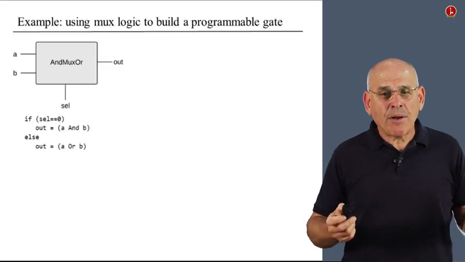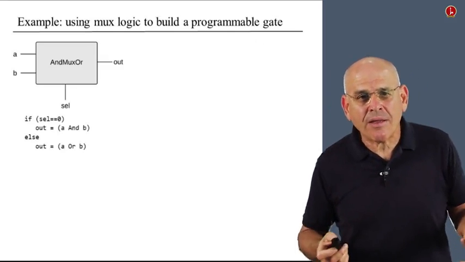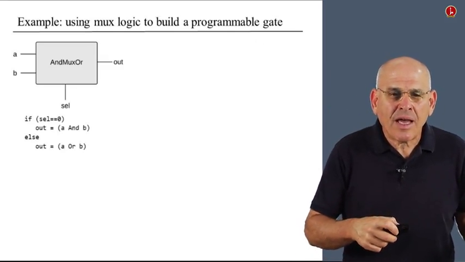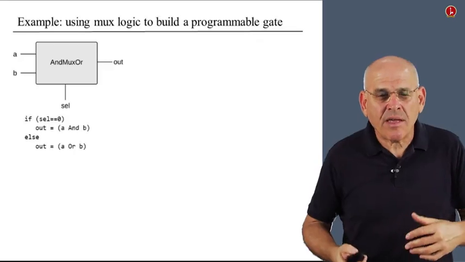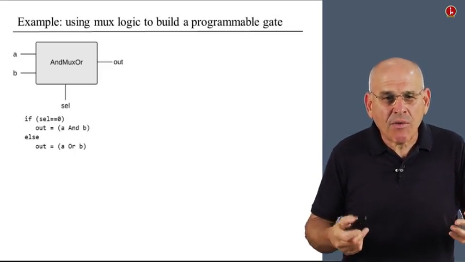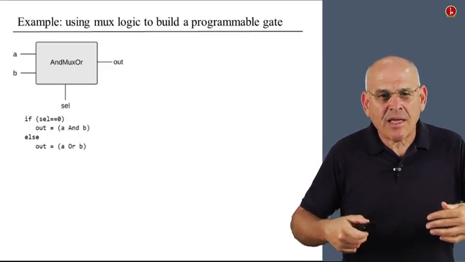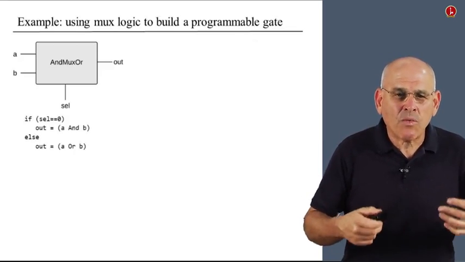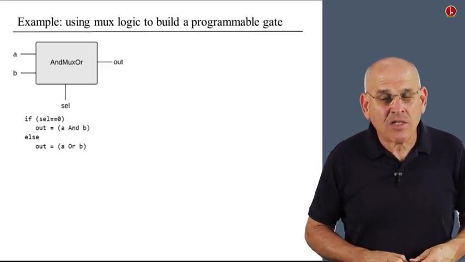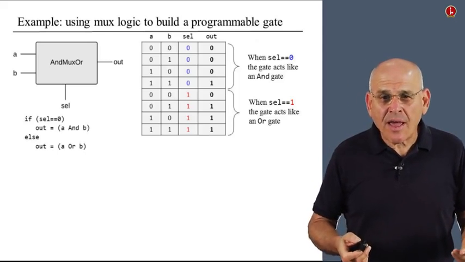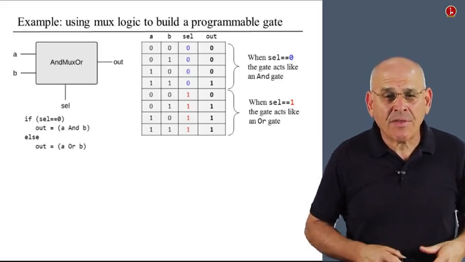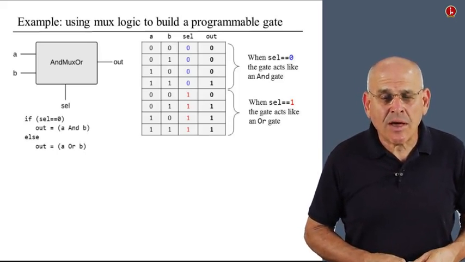So here's a simple programmable gate that can act either as an AND gate or as an OR gate. If the select bit is 0, the gate acts as AND. If the select bit is 1, the gate acts as OR.